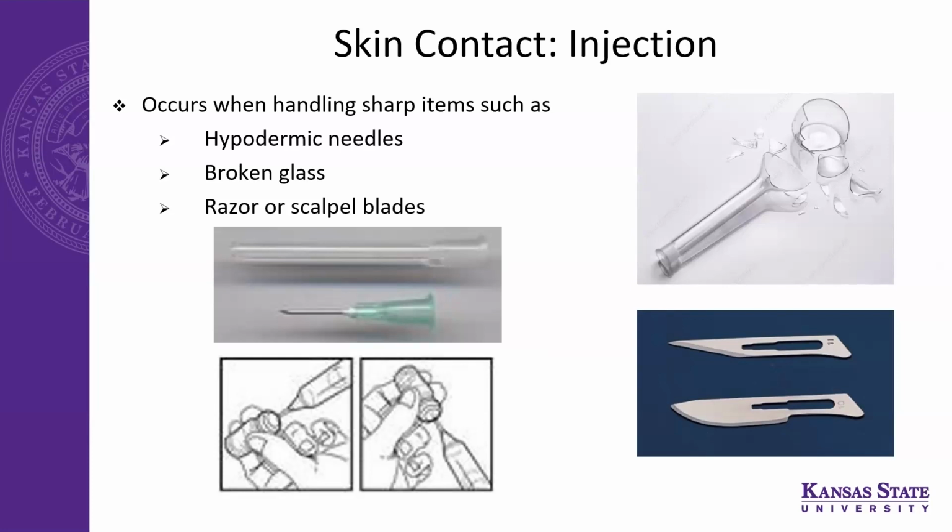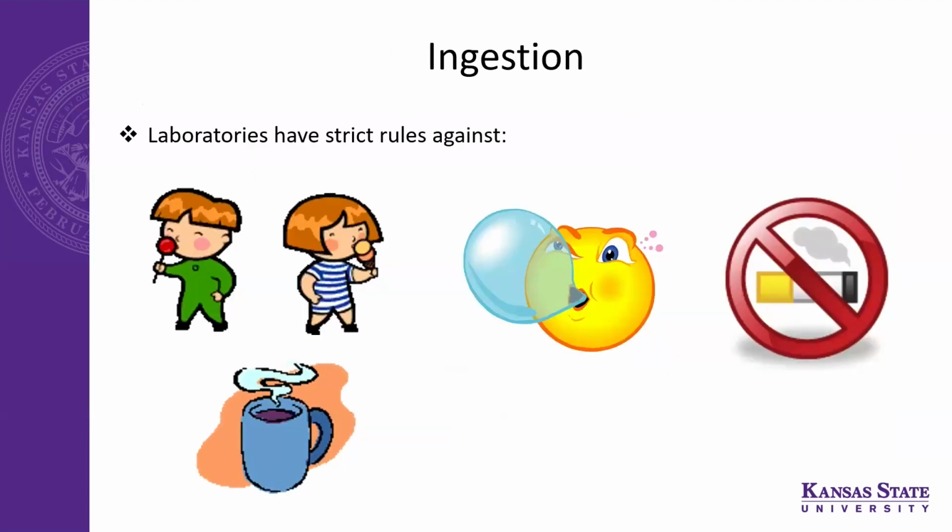So the second way of exposure through skin is injection. So dealing with sharp objects, needles, broken glass, or razors or blades. Then the final route of exposure is ingestion.